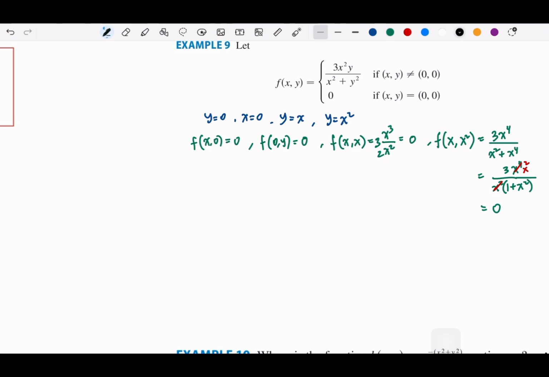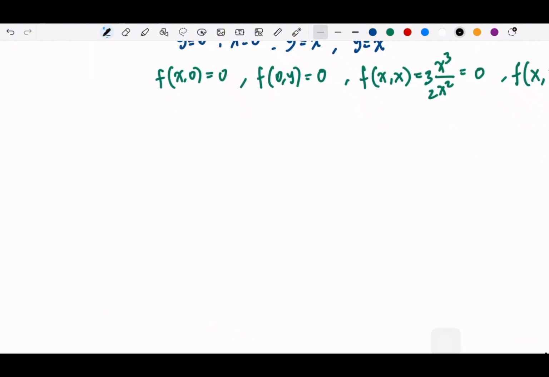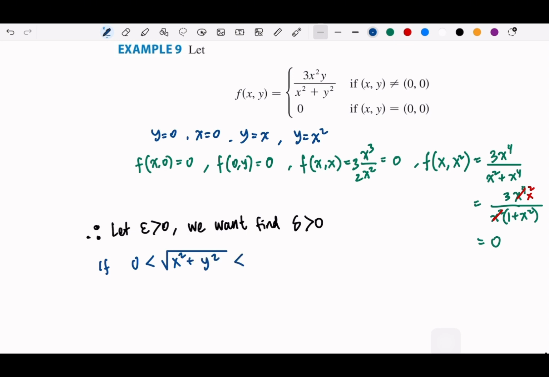Okay, so if we remember the epsilon delta, now in two variables, we need the epsilon positive, and then we want to find a delta that is positive, that we define using the Pythagorean.